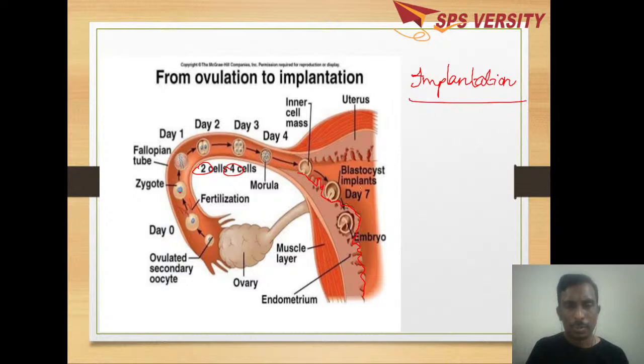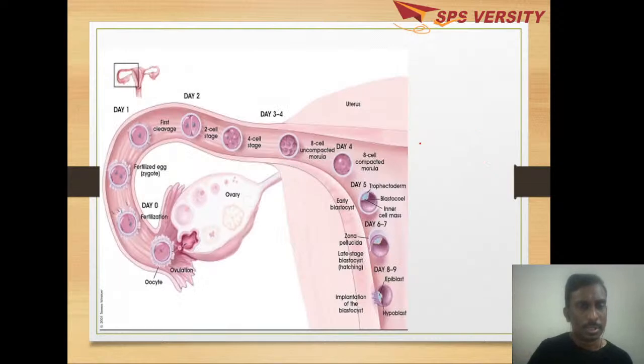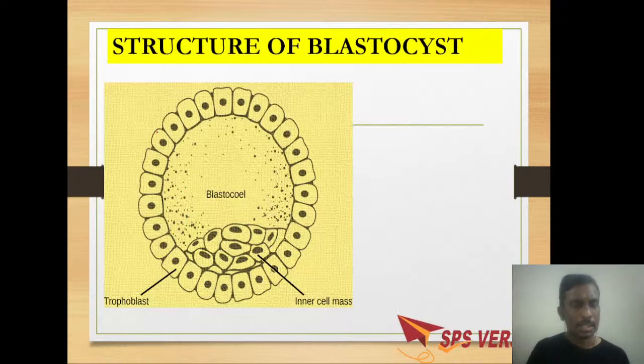Once it is implanted, there is no further movement, but the development of the embryo will continue. Here you can see the structure of the blastocyst very clearly.